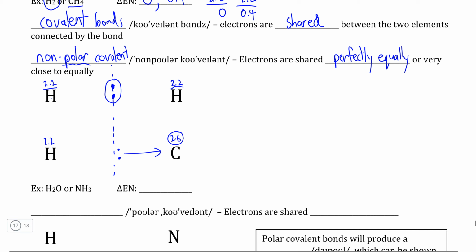But because the difference is very, very small, specifically less than 0.5, any covalent bond with a difference in electronegativity that is less than 0.5 is considered nonpolar covalent in nature, meaning that even though the electrons are not shared perfectly equally, they are not closer to one element or another in order to make a difference.